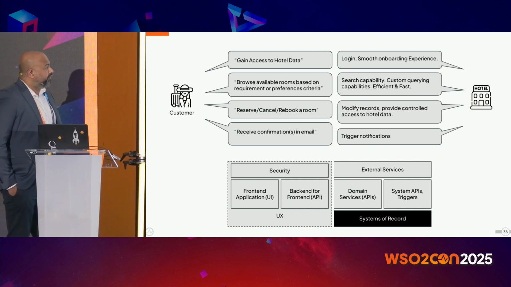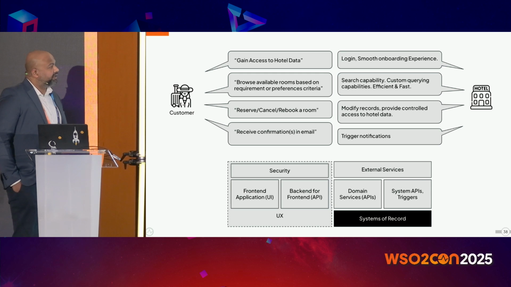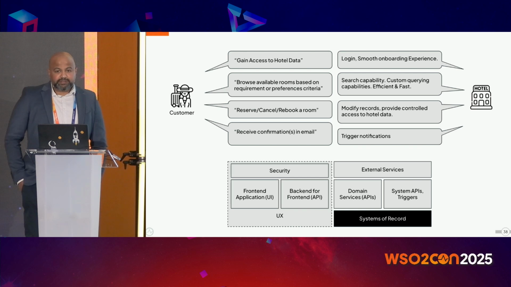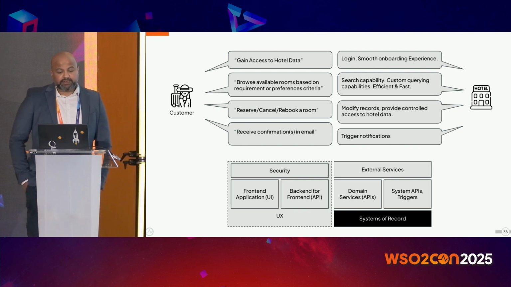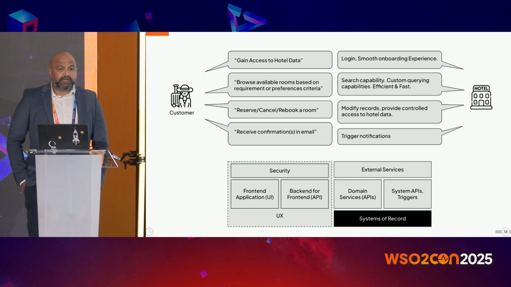This is a typical scenario where a customer tries to make a reservation through a hotel system. First of all, the user must gain access to hotel data in order to make a reservation, because the customer wants to know what rooms are available depending on their search criteria.